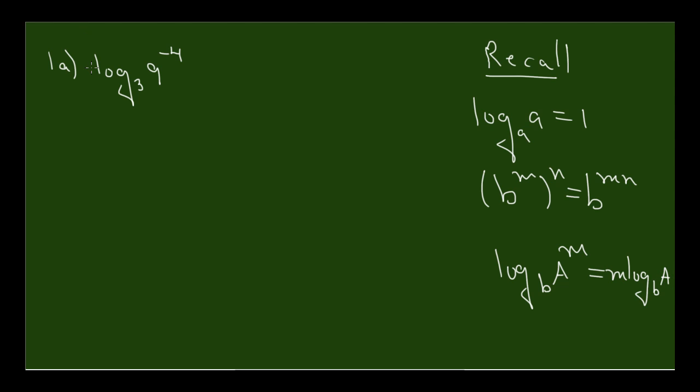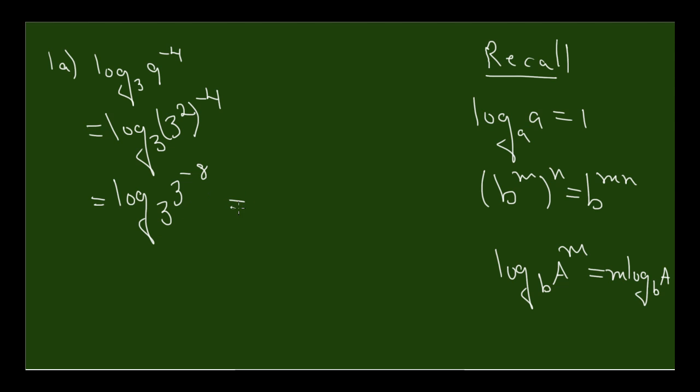Now, with that in mind, we can rewrite this logarithm as the log base 3 of 9 to the negative 4. Well, 9 is 3 times 3, or 3 squared. And we have this raised to the negative 4. And finally, from this rule right here, b to the m to the n, we can rewrite this as log base 3 of 3 to the 2 times negative 4, or simply 3 to the negative 8.